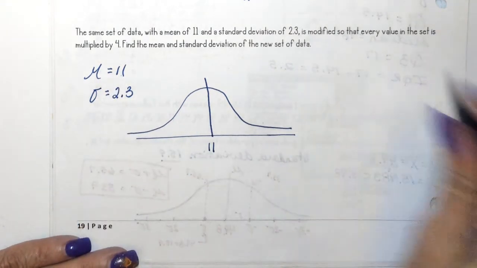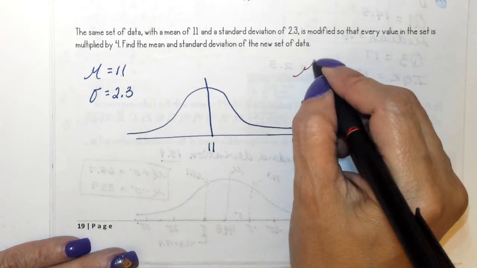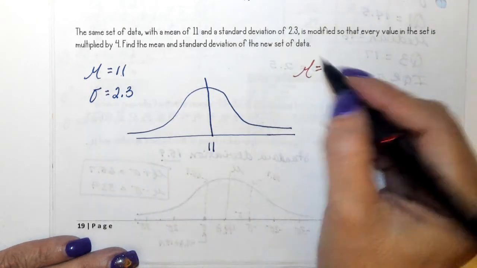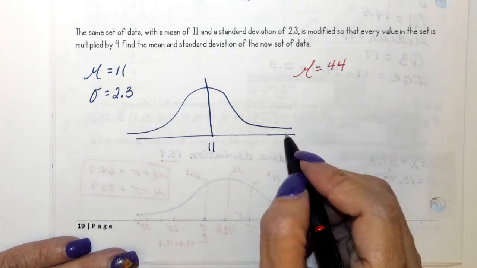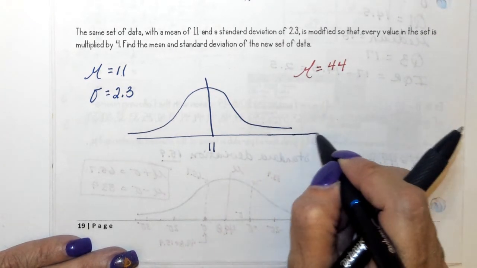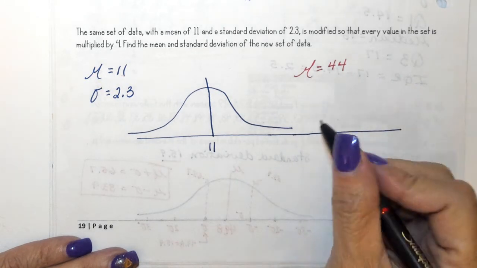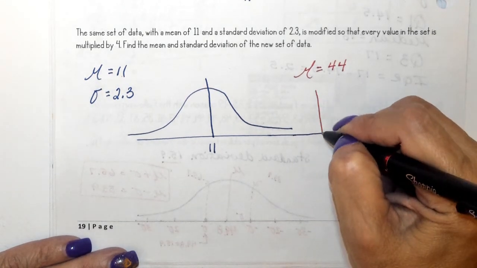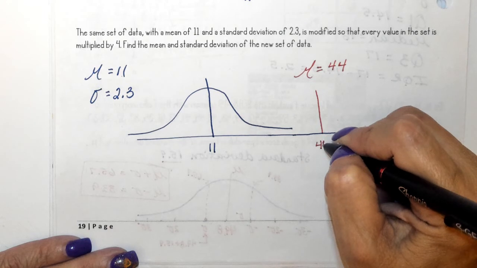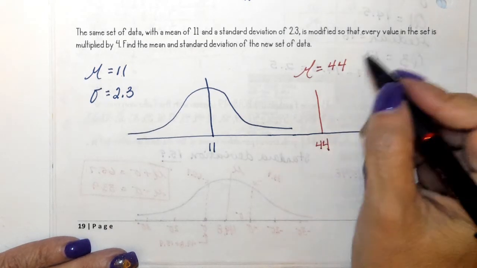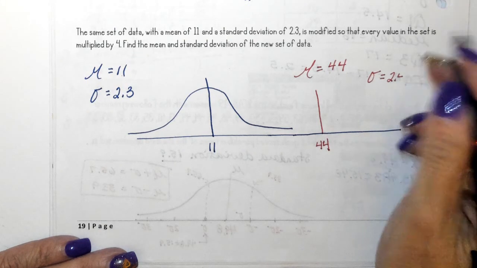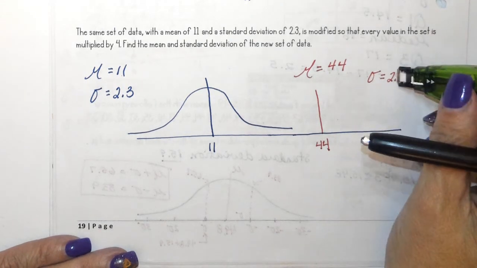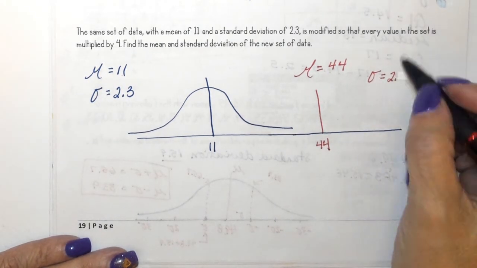When I do the mean times 3, that becomes 33. That means the average is way up here, right? I'm going to draw this out a little bit more. That means the average is now way out here at 33. And likewise, if I take the standard deviation and multiply it by 3, that makes this 6.9. I was thinking 4 in my brain.